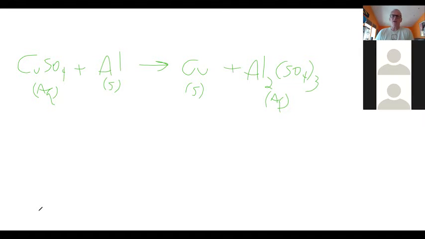But what else do we need? So we figured that part out. What else do we need to do with this reaction before we can start our experiment? Balance it. Oh, yeah, we do.